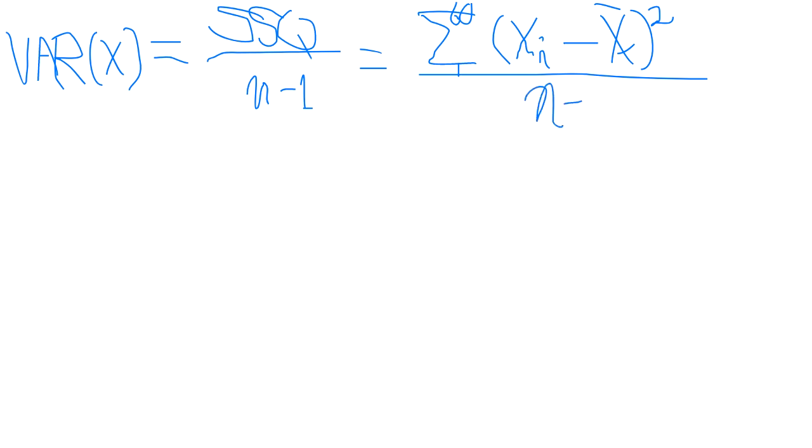Of course, in general notation, it would be i equals 1, meaning i runs from 1 through n. But in our example, n was 60. So we found variance this way.